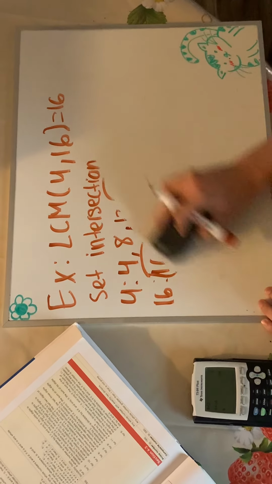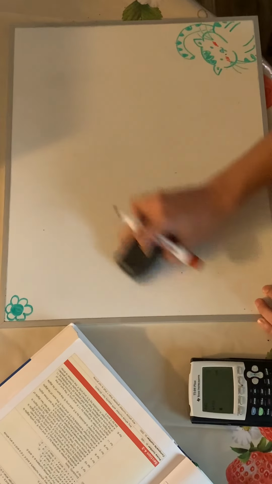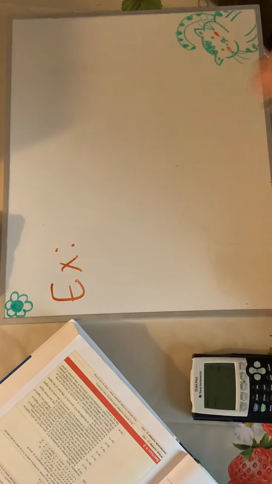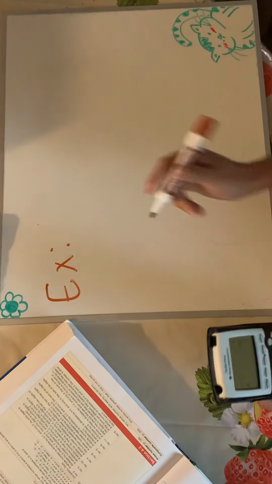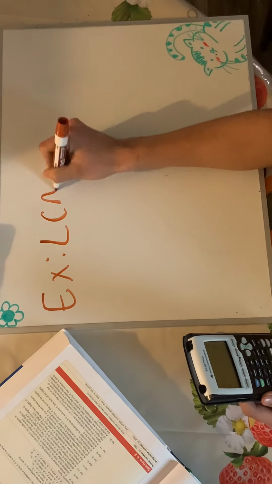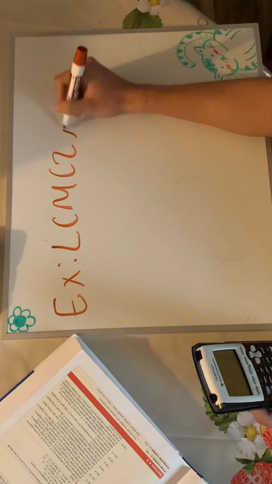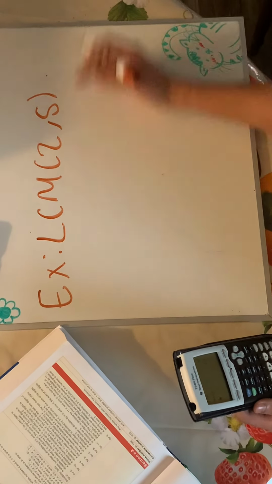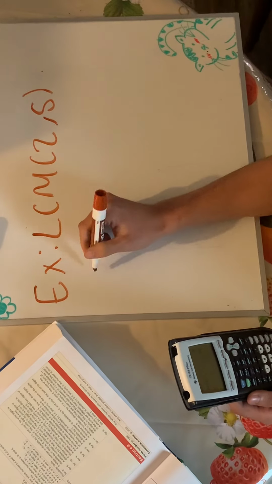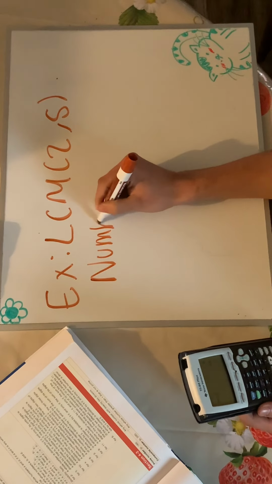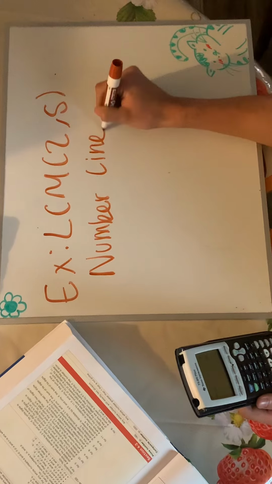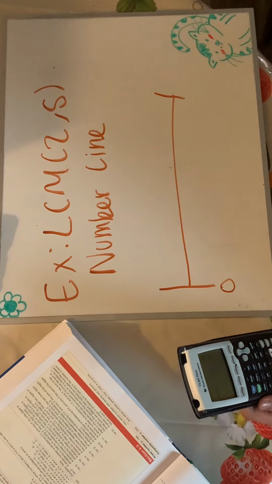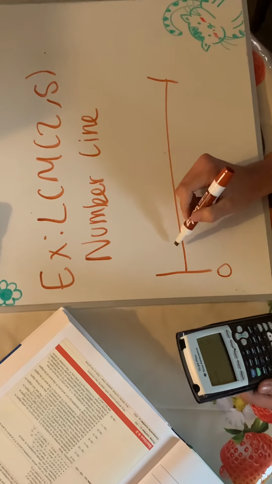It would work on this one. It would work to find the LCM for 2 and 5. And we're doing this one as a number line. Again, set up a line, start at 0 and go up by 2.